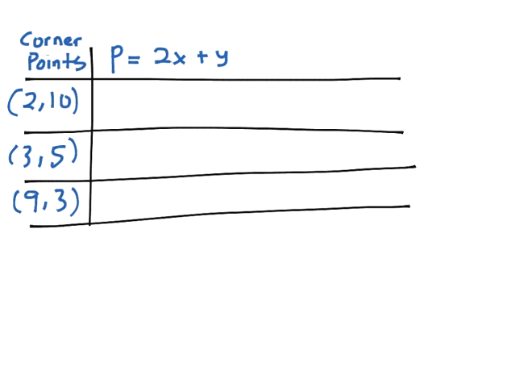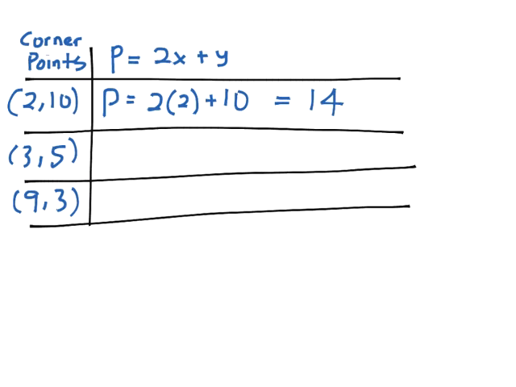Alright. So we have these 3 corner points, so we need to identify the maximum value of P. The same thing, our P is equal to 2x plus y, so we substitute our corner points into the x value and y value. Our first corner point 2, 10, so our P is going to be 2 plus 10, so you will have here 14.